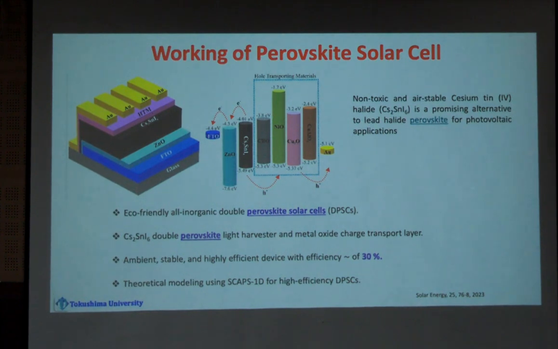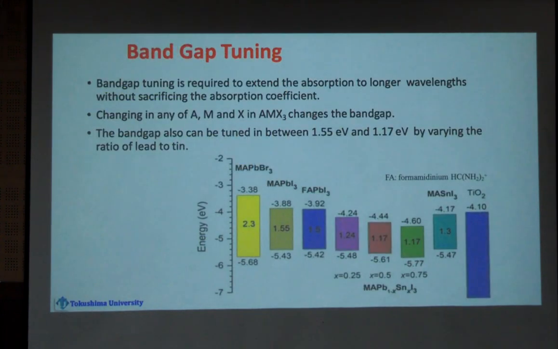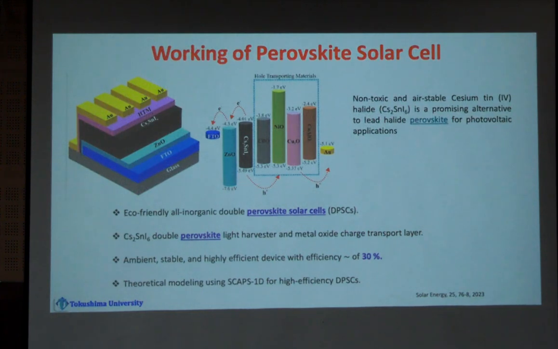In the last slide I showed you that there are various combinations that we can use for solar cells. These are various combinations of perovskite material. But why do we want to use this perovskite material? Why is this material good? They are eco-friendly, all inorganic material.